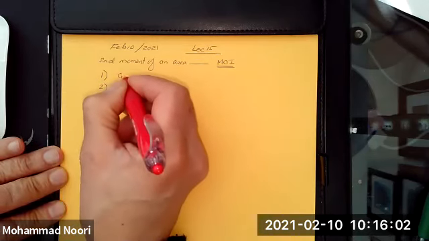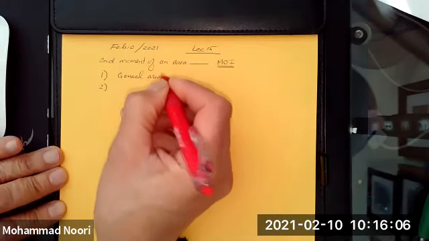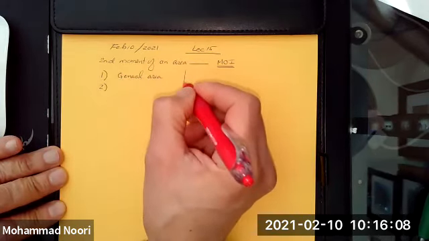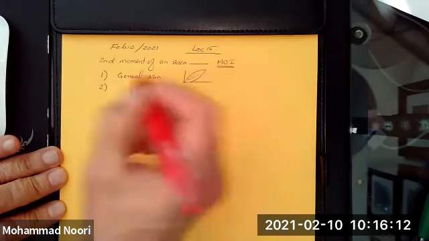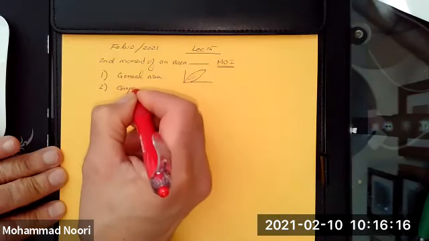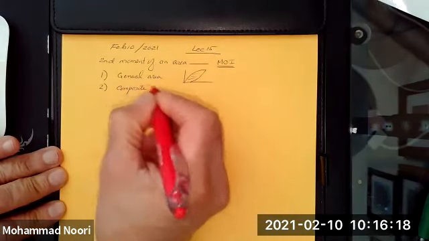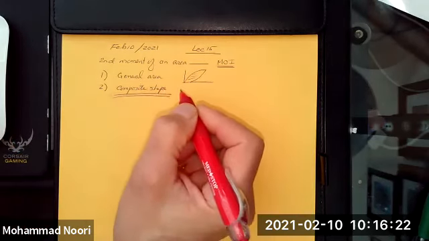One is to find the moment of inertia of a general area, meaning an area that is given by a bunch of functions, okay? And then a composite shape. So we wanted to do the composite shapes today.